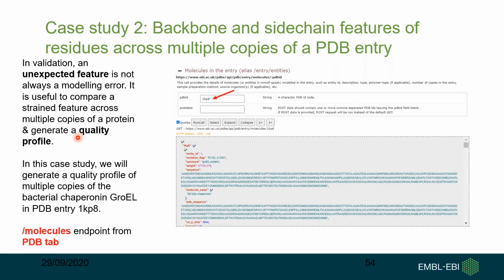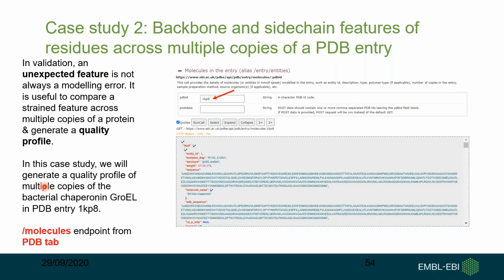It is an exercise in looking at multiple copies of a PDB entry, for example, and finding out if there are 5 copies, 4 copies have one Ramachandran feature, and another 1 copy has a different Ramachandran feature, we could then ask that 1 copy, is something wrong with that 1 copy?